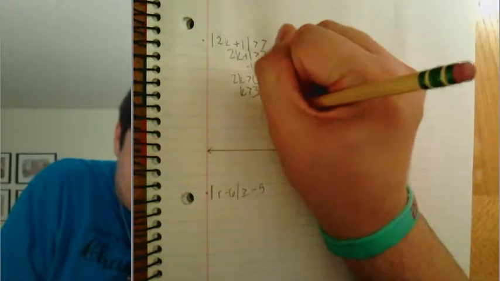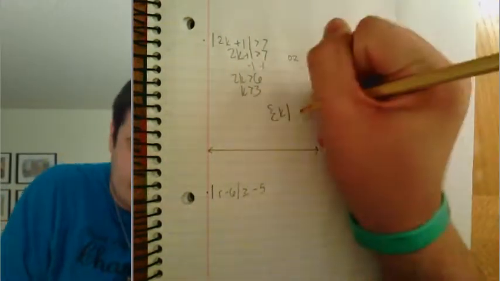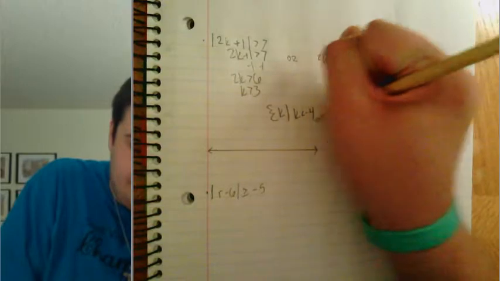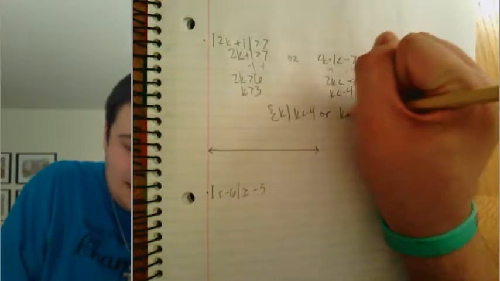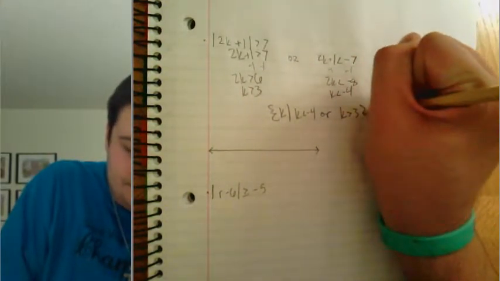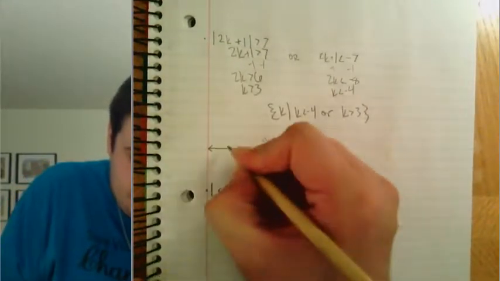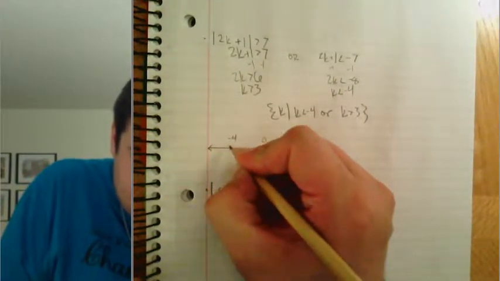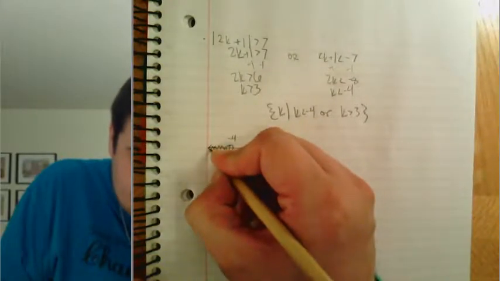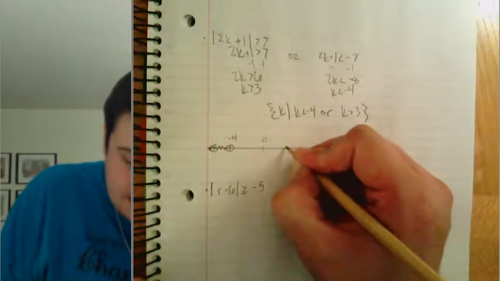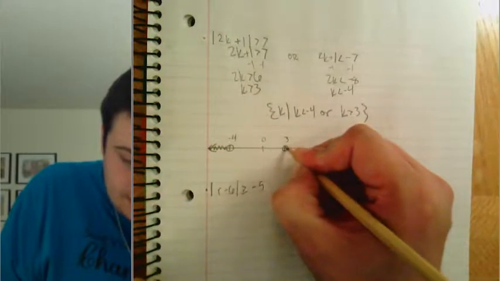In set builder notation, we have the set of k such that k is less than negative 4 or k is greater than 3. When we go to the number line, I have 0, I have negative 4, less than, going out, I have 3, greater than.